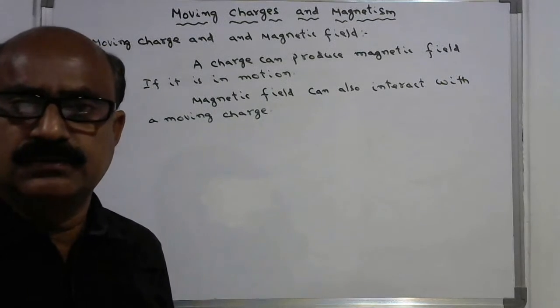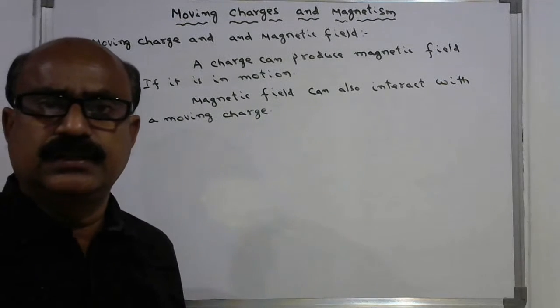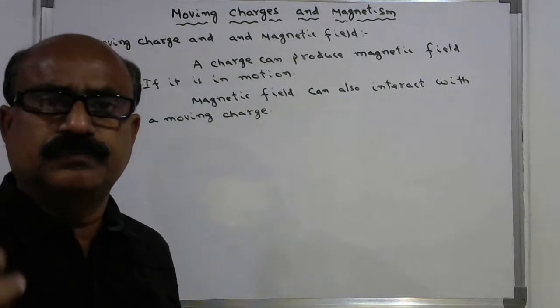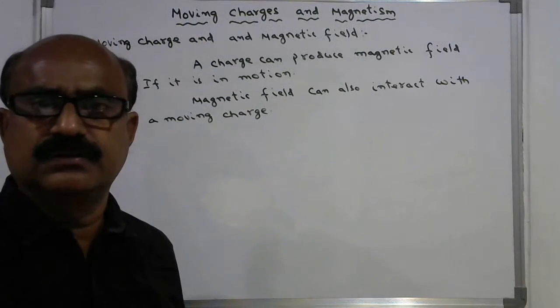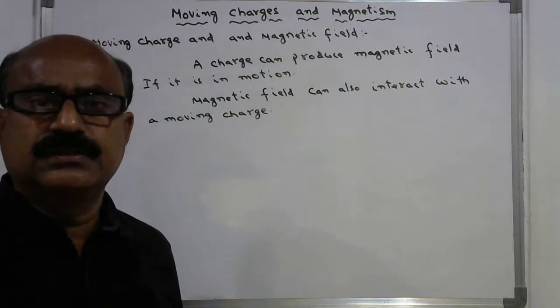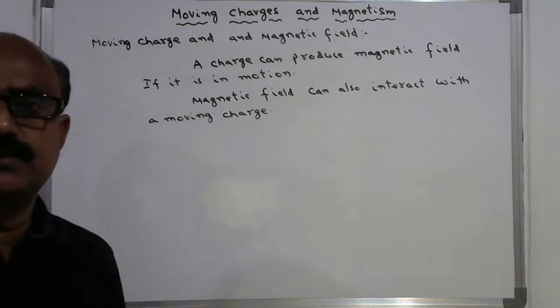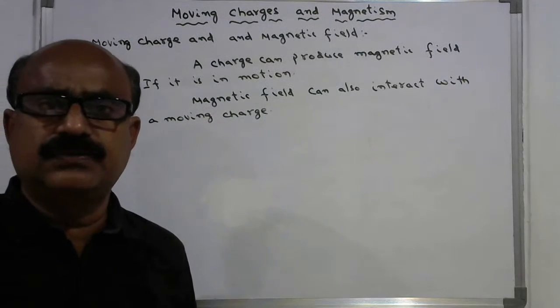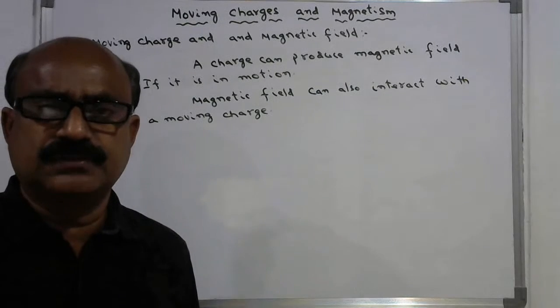Similarly, if a moving charge enters a magnetic field, it also interacts with the moving charge. That is why there are two concepts under consideration. A charge can produce a magnetic field if it is in motion.